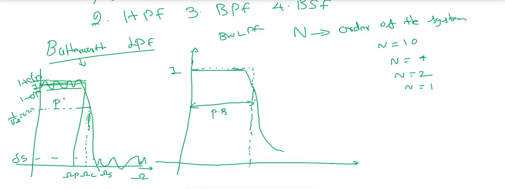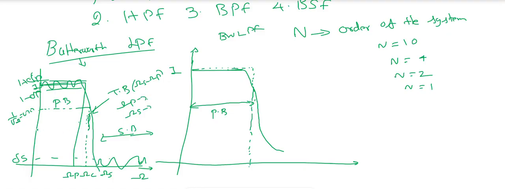This is our pass band, this is your stop band, and this is your transition band. The transition band is omega s minus omega p, where omega p is the pass band edge frequency and omega s is the stop band edge frequency.